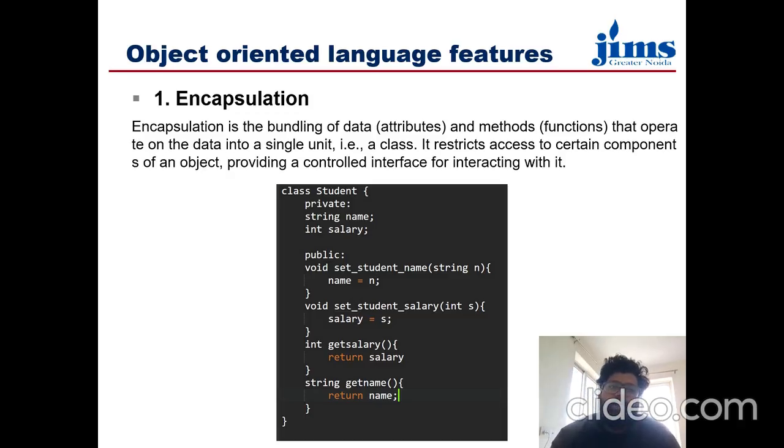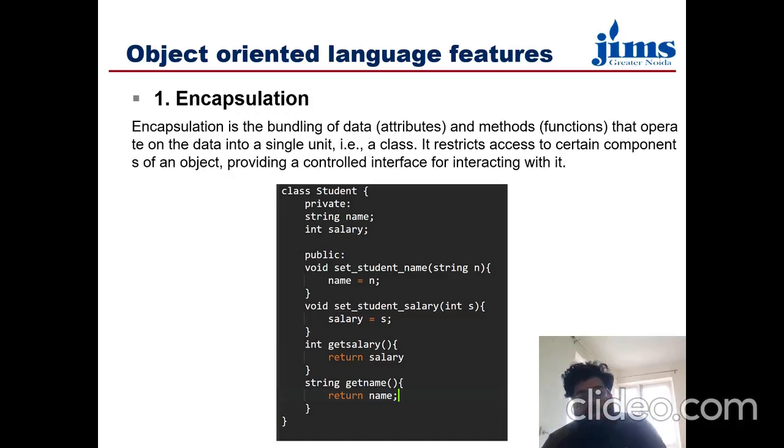In object-oriented programming languages, there are access modifiers that restrict what kind of data an individual can access and what kind of accessibility they have to certain methods and attributes. Encapsulation also reduces complexity.